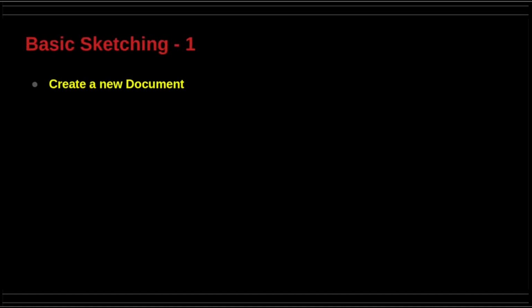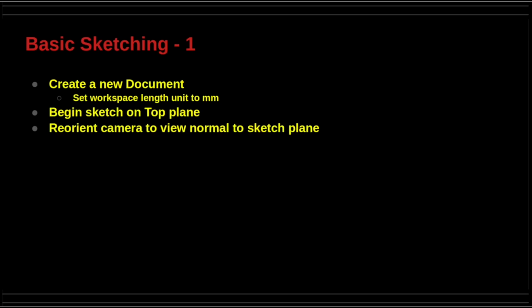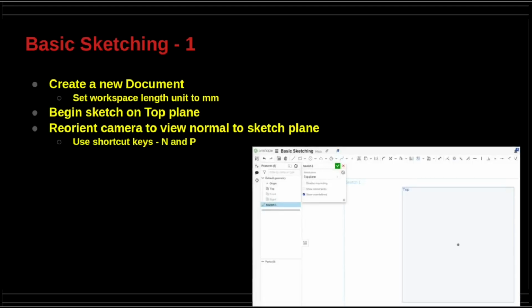Create a new document. Set the workspace unit to millimeters. Begin the sketch on the top plane. Reorient the camera to view normal to the sketch plane. You can use the shortcut key NNP for this purpose.